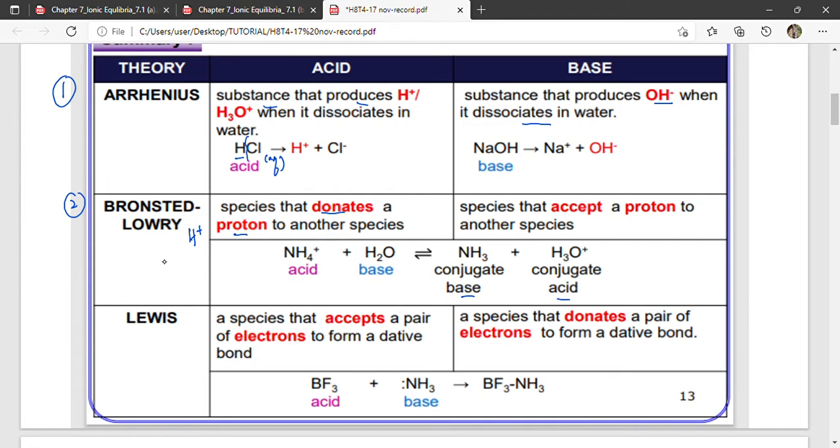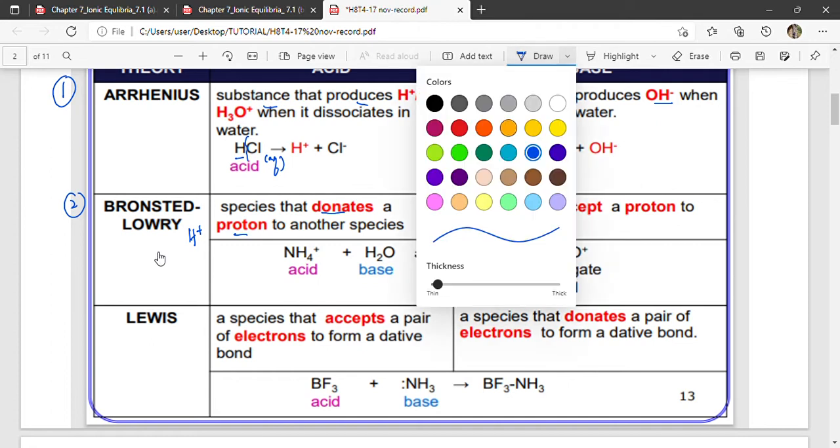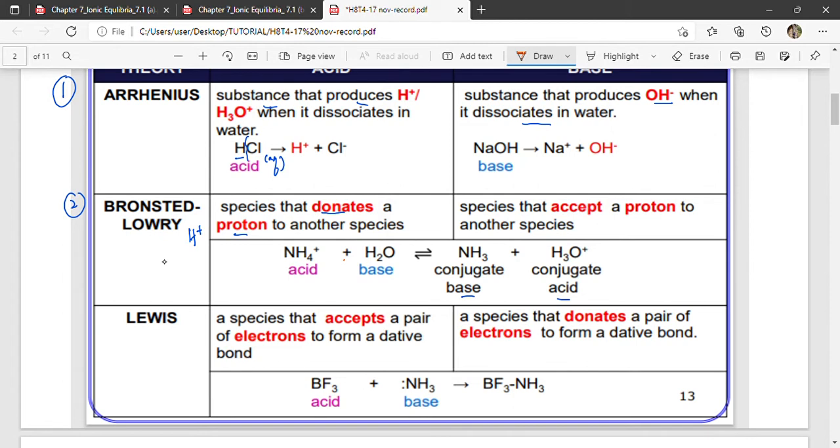This shows the Bronsted-Lowry acid-base pair for the reaction. So how do we identify the pairs?